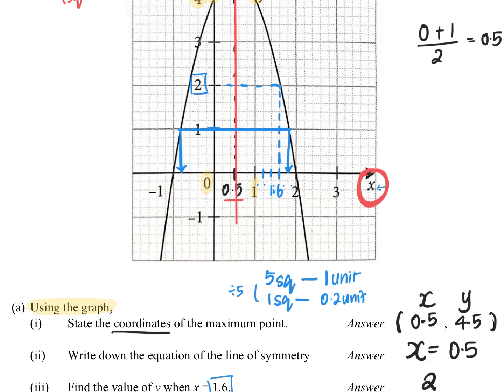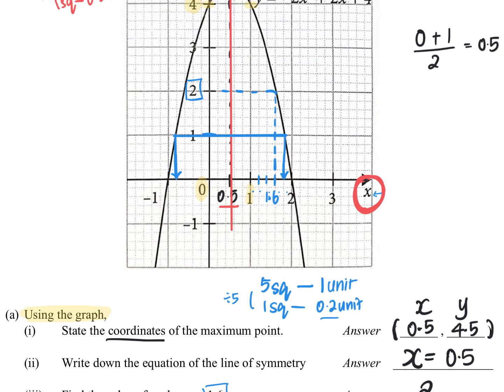Remember just now we said 1 square is 0.2 units in this case. So this one over here will be 1.2, 1.4, 1.6, 1.8. So this number over here is 1.8. Then what is this number? This is 0, negative 0.2, negative 0.4, negative 0.6, negative 0.8.